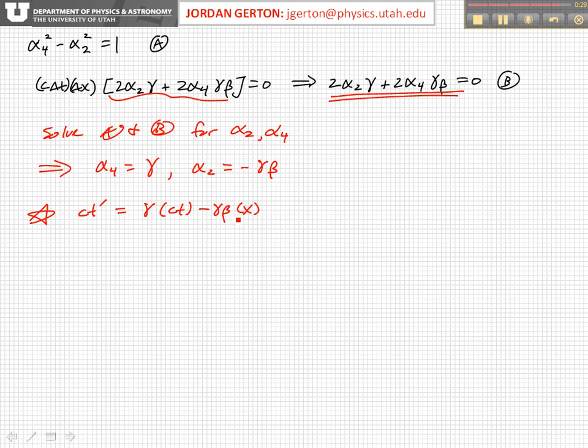Okay, and x prime is equal to minus gamma times beta times ct plus gamma times x, and then also y prime is equal to y and z prime is equal to z. So these are the Lorentz transform equations, which allow us to go from one coordinate system to another.